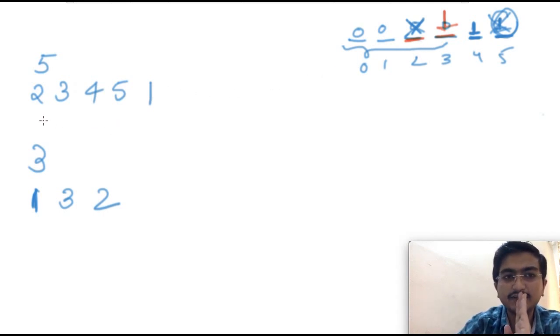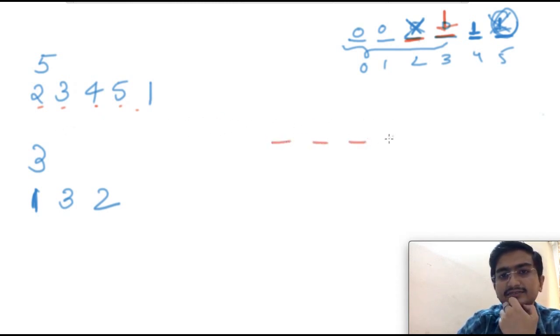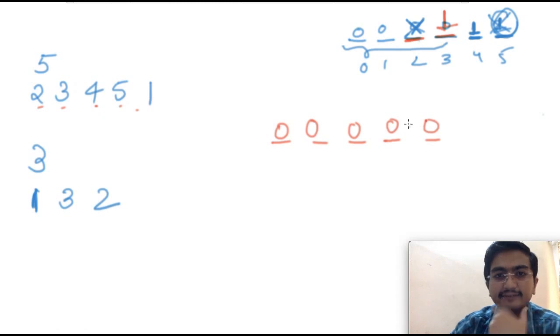Let me walk you through a small example. Suppose 2 3 4 5 1, and we'll be checking what the position value of each number is. Here 5 places are there, 0 to 4. Let's say each of them is unfilled, all equiprobable, right?